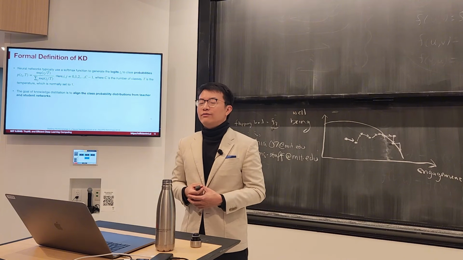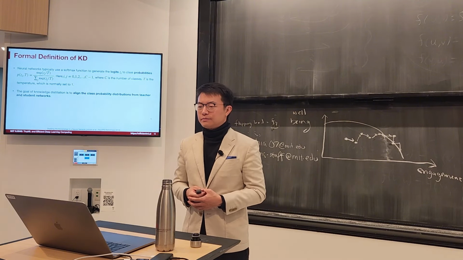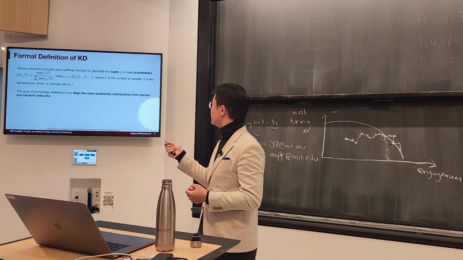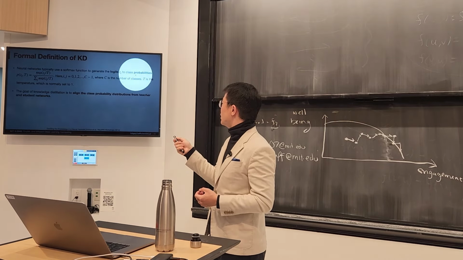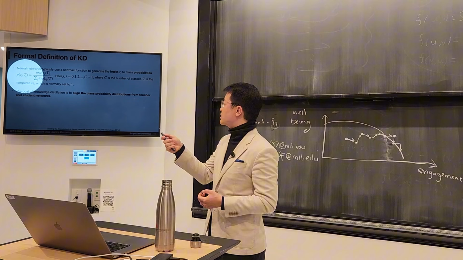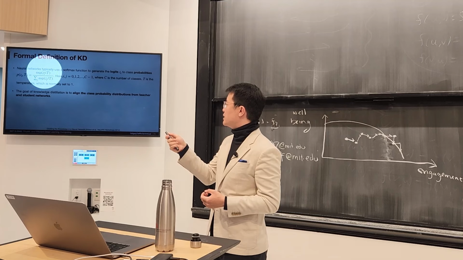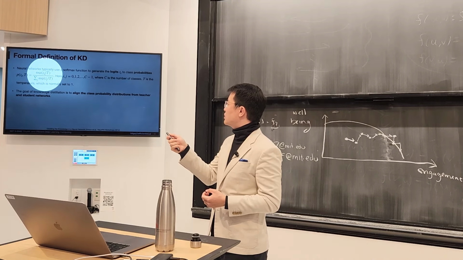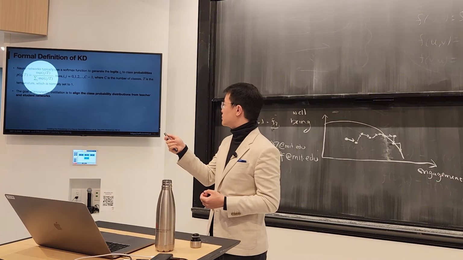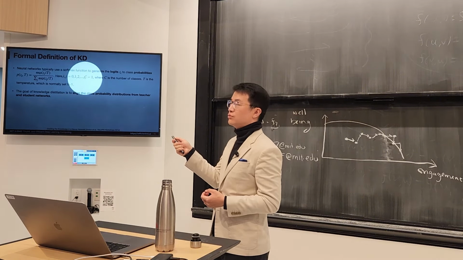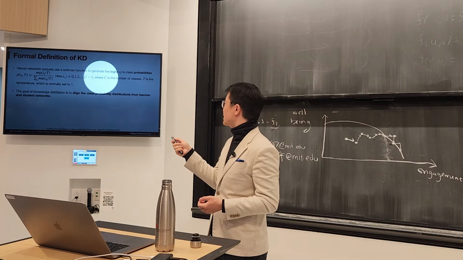So this is the formal definition of knowledge distillation. Neural networks typically use the softmax function to convert the logits to class probabilities, for the different classes. With a temperature, the probability is exp of z_i divided by the sum of exp of z_j, where j ranges from 0 to C minus 1, where you have C classes.